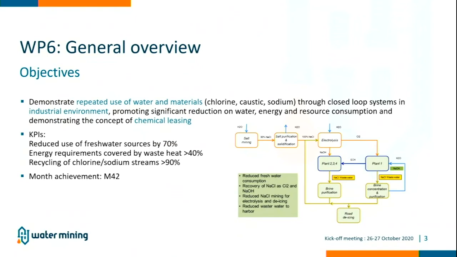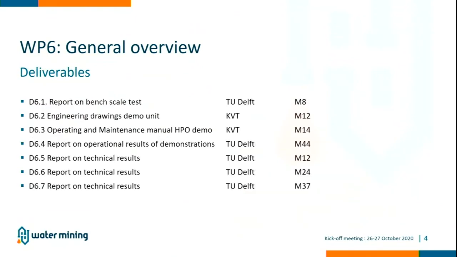So here you see outlined the different deliverables for the work package. What we're currently focusing on is really the bench scale tests. So we will report out on those in month 8. And then after that come the engineering drawings for the demonstration unit from KVT, which is the high pressure oxidization unit.